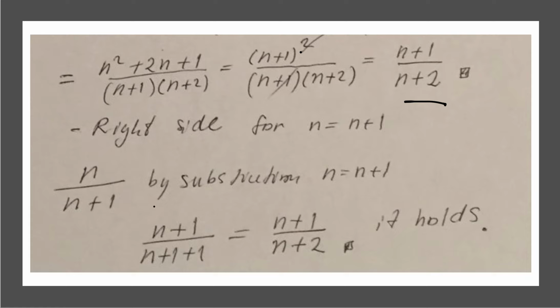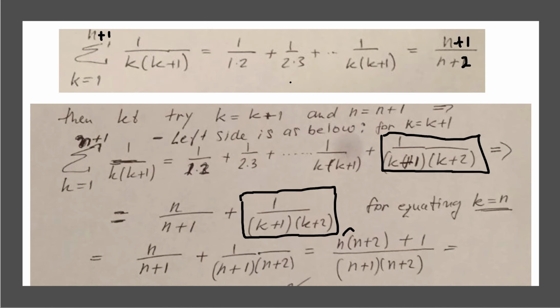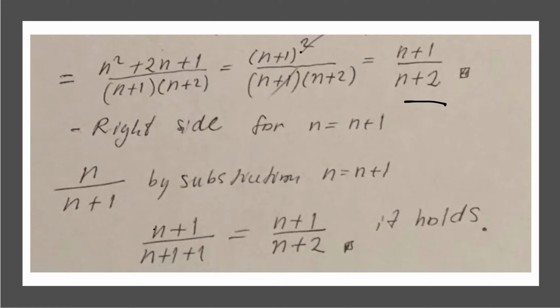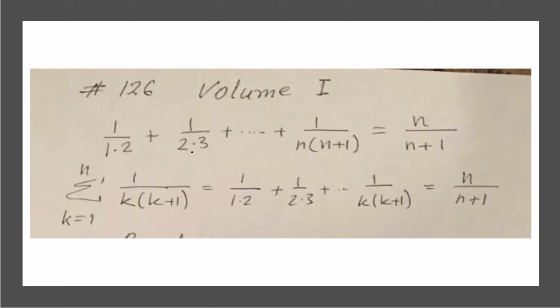So by induction, it holds when n is equal to 1 and k is equal to 1, and when k is k plus 1 and n is n plus 1, it holds. Therefore, the sum of this series is equal to n divided by n plus 1, so it holds.